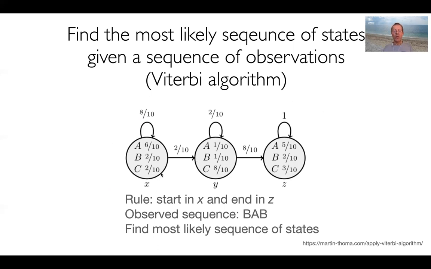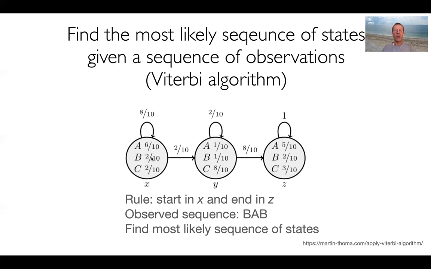Now in this toy example, we say that we have an observed sequence BAB that has been emitted from these hidden states. We also impose the rule that we have to start in X and we have to end in Z. So we have to somehow go from X through Y to Z, and in doing that, we have to emit 3 characters, BAB. And the problem is, how do we find the most likely sequence of states?